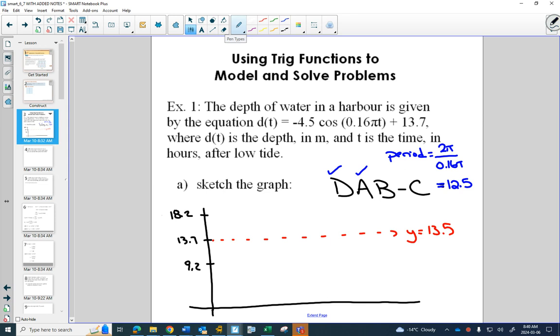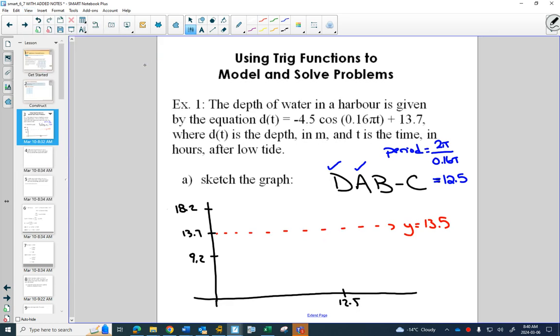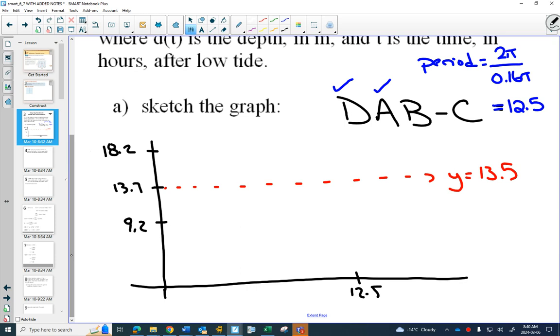So I go somewhere on my x-axis and label 12.5, and divide that into 4 equal sections. So half of 12.5 is 6.25, half of that, 3.125, and then this would be 9.375. So we always find our period divided into 4 equal sections.